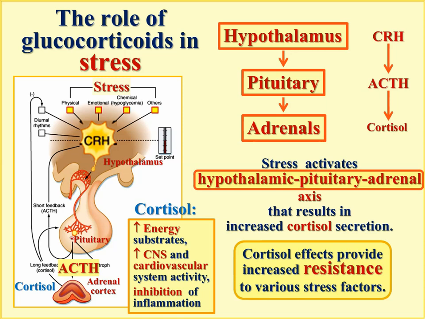So stress can be different in type and may have some specific characteristics, but this is a non-specific change that is induced by many different types of stress factors, and cortisol is helpful in these cases.